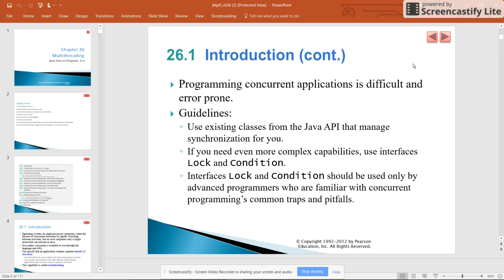So this is process-based multitasking, where thread-based multitasking is, for example, if you open Paint, you can draw, and at the same time you can erase, so you do two different processes but in the same thread. Do you understand what I'm saying?